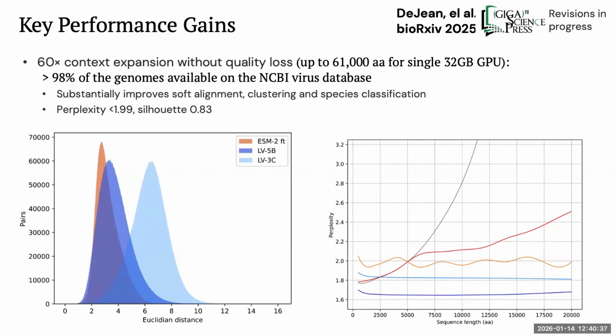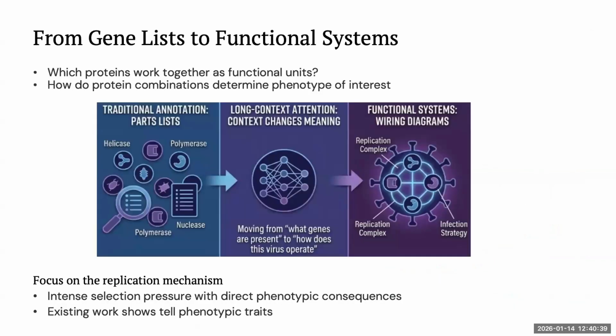And so we had to build this model, but the question right now is, okay, we have a parts list, we have a bunch of genes or proteins, we have some description, we have well-annotated proteins. Can we find a way to tie them together in order to come up with these modules, combinations that are predictive of phenotypes? We didn't have a name for what we're looking for. And so that's the question.